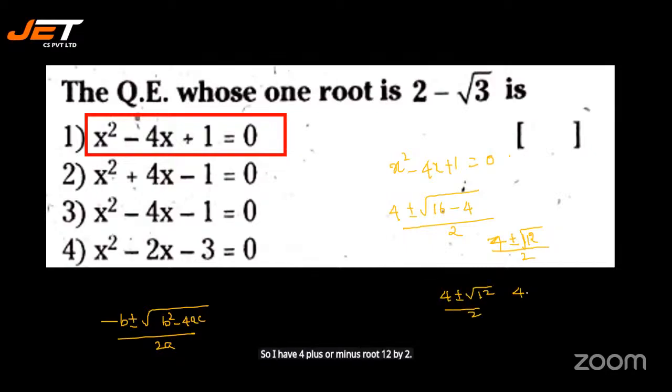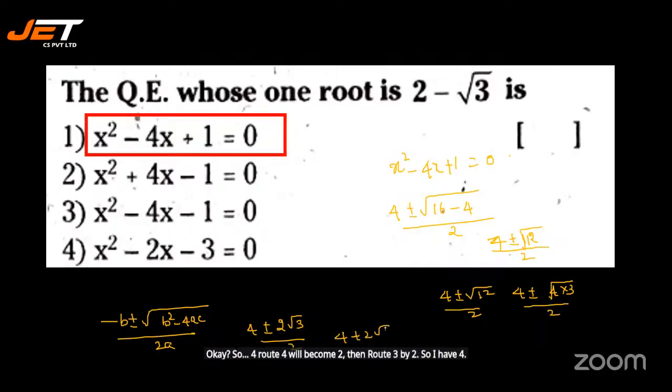So I have 4 plus or minus root 12 by 2. This root 12 I can write as root of 4 into 3. So root 4 will become 2, then root 3, by 2. So I have 4 plus 2 root 3 by 2 or 4 minus 2 root 3 by 2. So in either case, I can take 2 out everywhere.